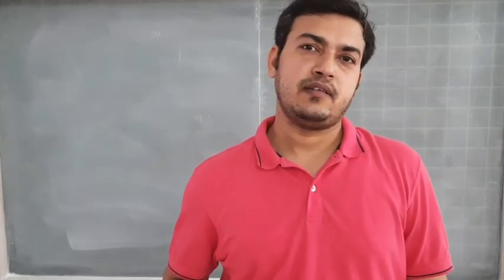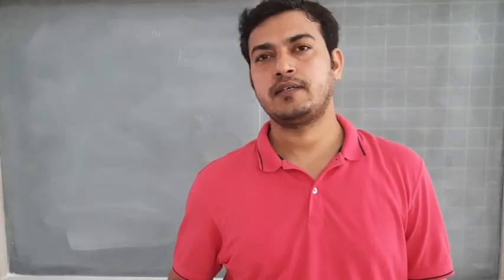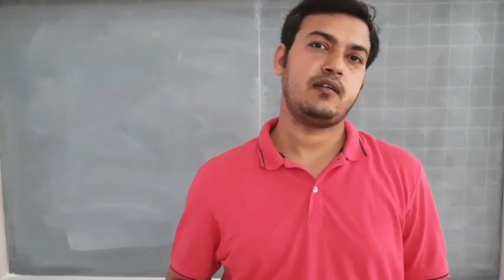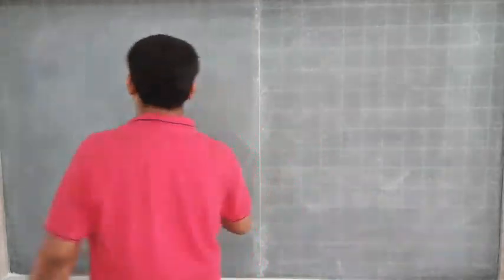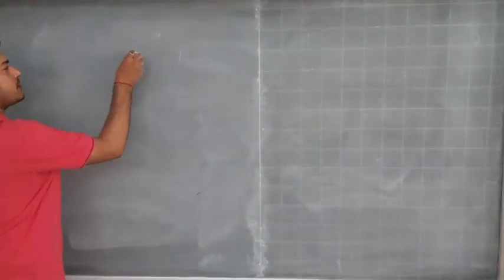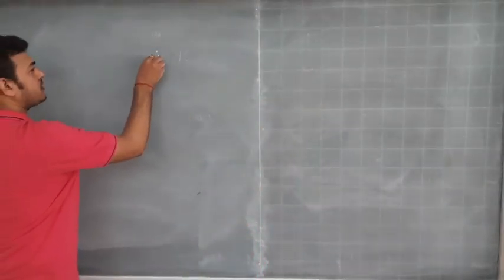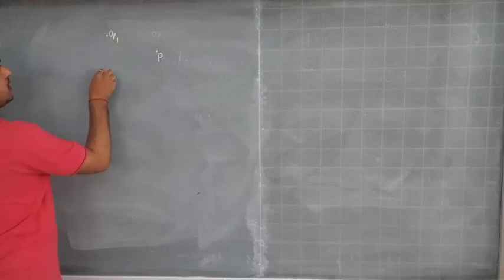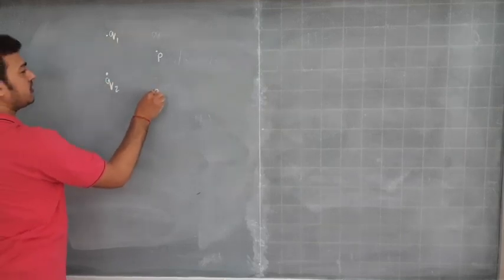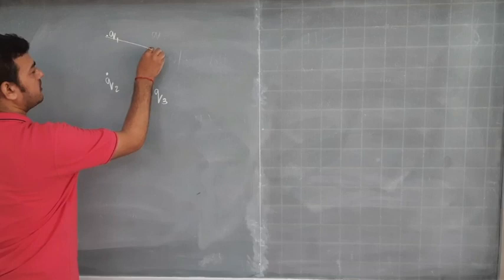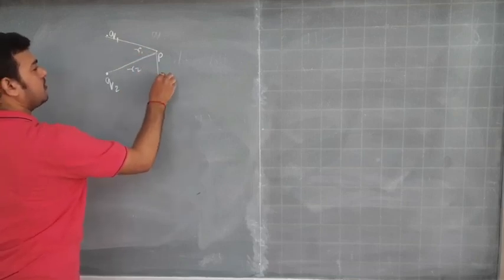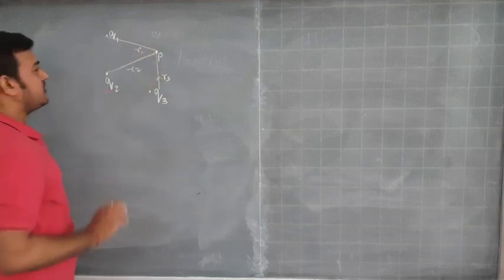Now what will happen if I have to calculate the potential at a point surrounded by a number of point charges? Suppose there is a point P where the electrostatic potential is required, and we have so many charges around it at different locations, R1, R2, R3. The process is the same.